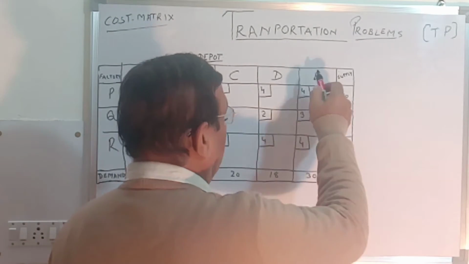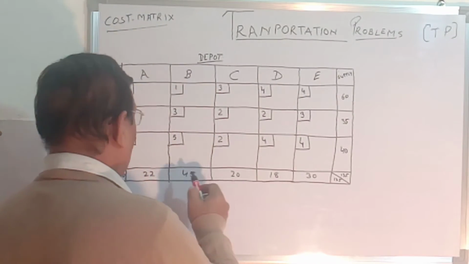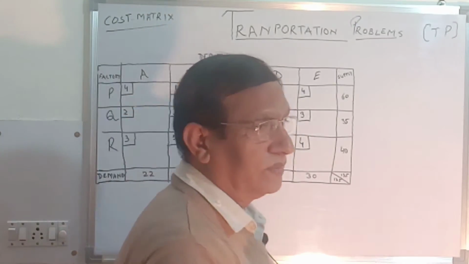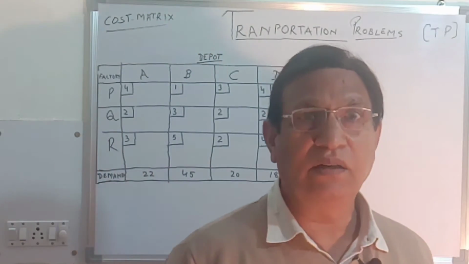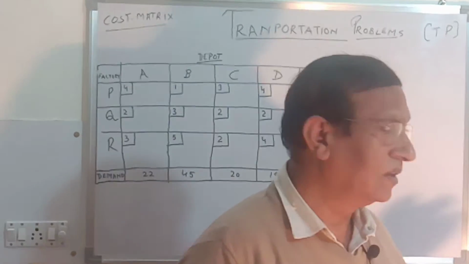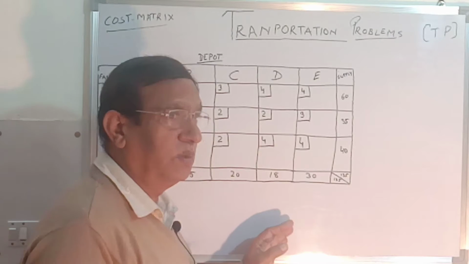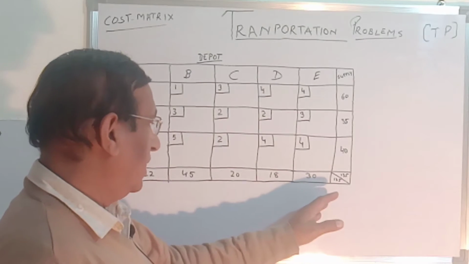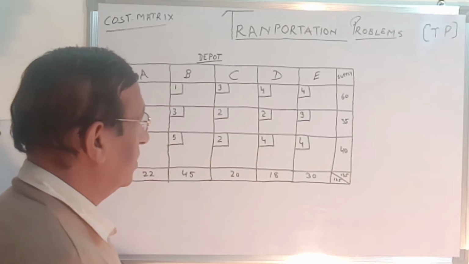For creating dummy demand, you have to add a dummy column, and for creating dummy supply, you have to add a dummy row. That we will learn when we solve the numerical. But before going further, demand must be equal to supply. So in this case, it is a balanced transportation problem.